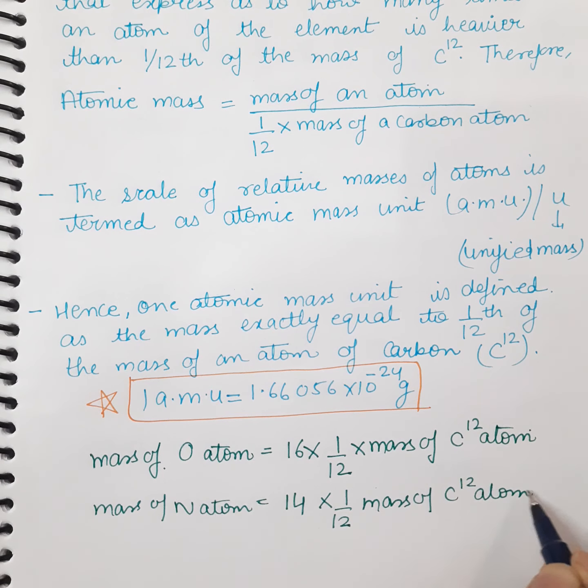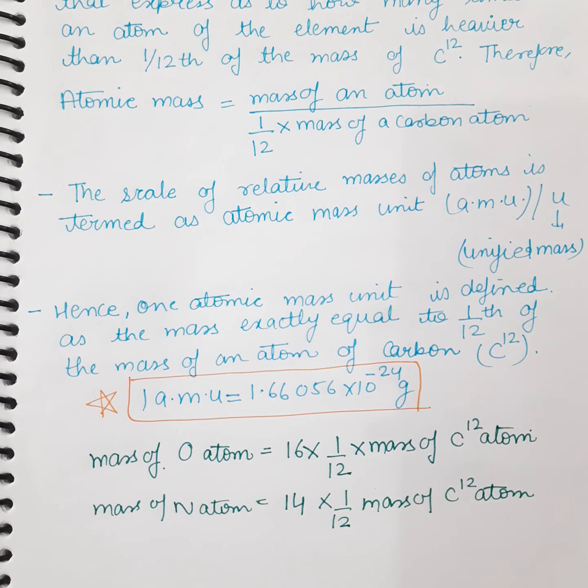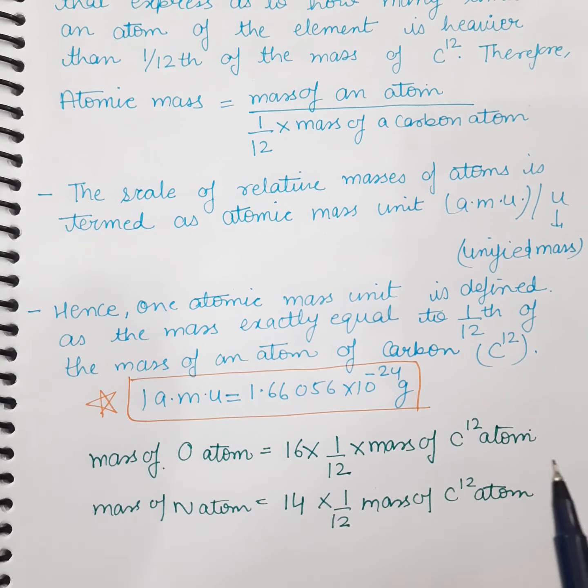So this is repeatable. When I write 16 into 1/12 into mass of C12 atom, and then 14 into 1/12 mass of C12 atom, it is a repeatable quantity. Now what do I have to do? I have to replace this quantity by a specific unit.